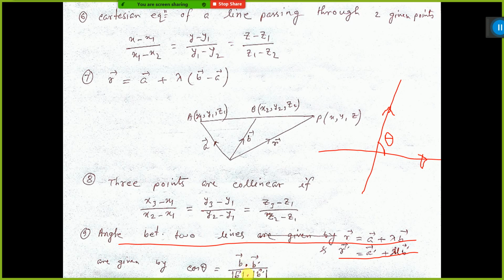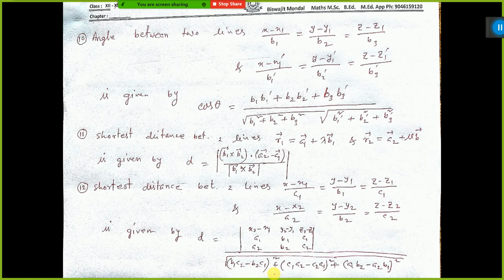This one is a dot product and this one is a simple multiplication, because magnitude of B is a value only, and magnitude of B dash is also the same thing. But for vector B and vector B dash, you have to take the dot product. Then you will get cos theta, and from there we will get the value of the angle. So the angle between two straight lines we will get from this formula.